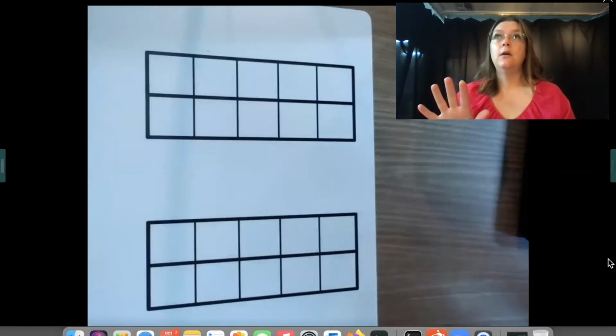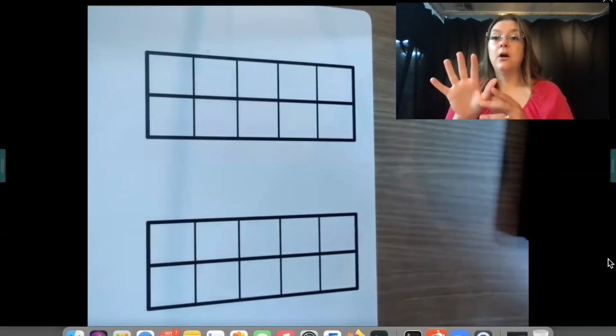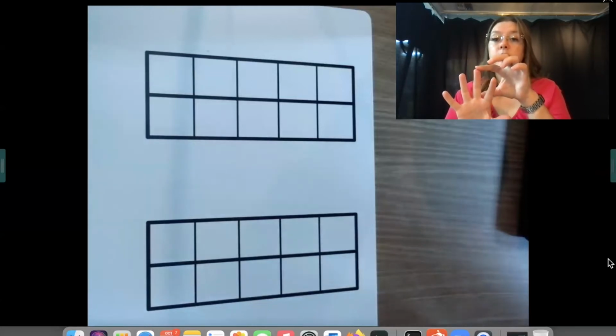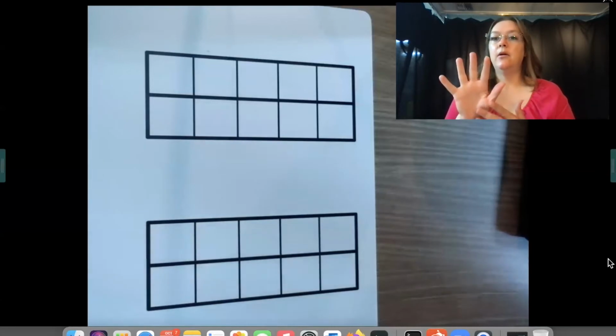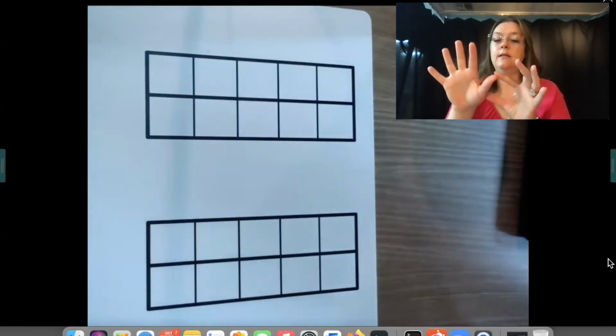Talking about whether they are larger or smaller, those are words our students need to understand when they're working with mathematics, but also understanding length will help our students. So I like talking to my students about, okay, this finger is longer than this finger.